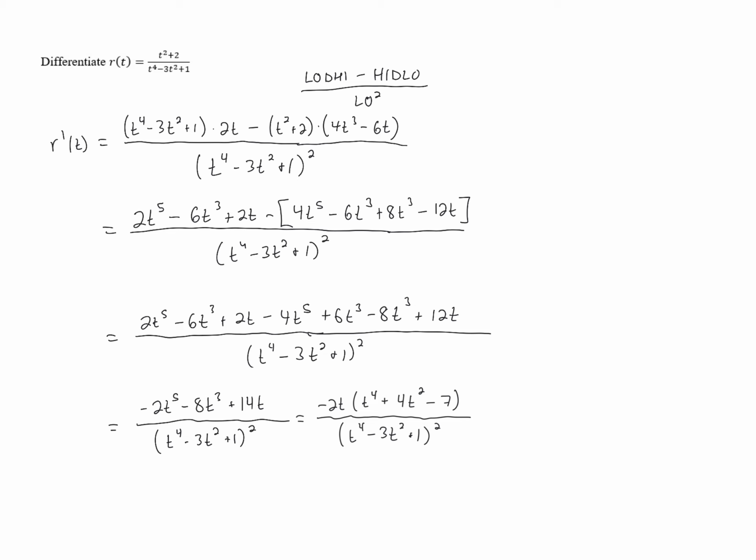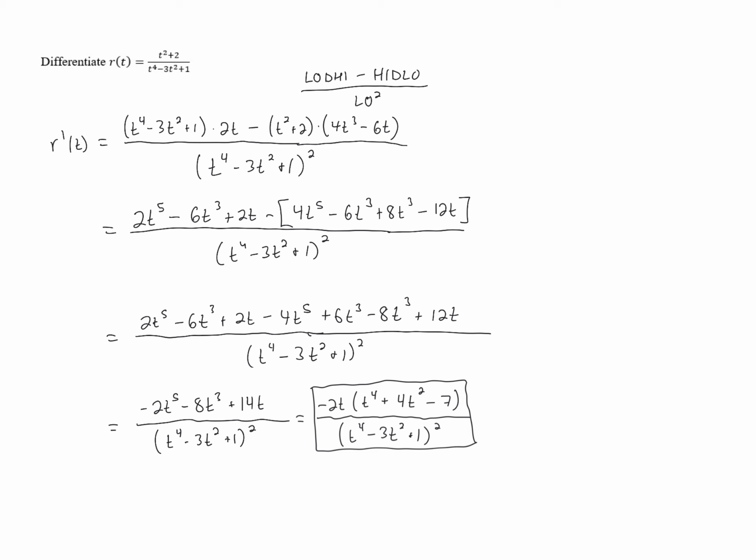And it doesn't look like there's anything that we can factor out of those that's going to cancel nicely. In fact, those don't look like they factor over the integers at all. So there's no canceling we can do, so this is what we end up with.